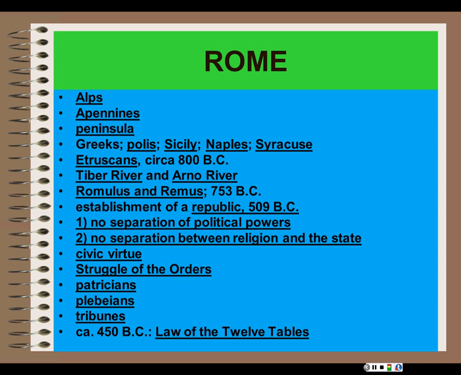And this third idea, of a community working together, communitarian kind of values, of civic virtue, is something that we don't have so much in modern times, especially in the democratic republic of the United States, where we tend to be very individualistic.